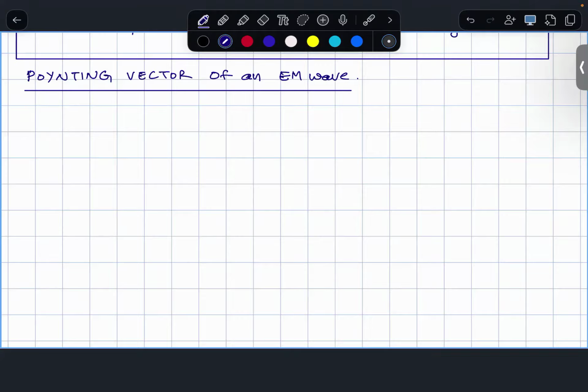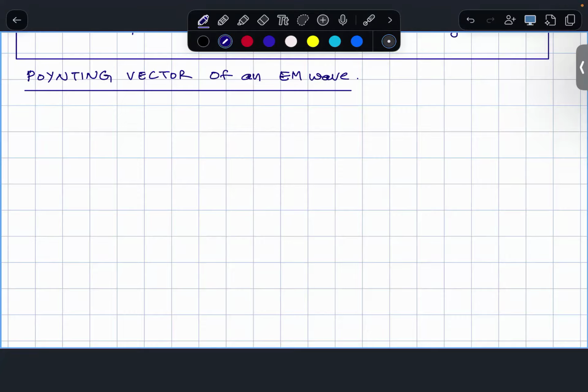Poynting vector of an electromagnetic wave. Okay? What exactly is Poynting vector? Nothing. I am not teaching anything new from intensity. Just what I am telling is, it is a vector quantity. It shows you the direction along which electromagnetic wave is propagating. It gives you the amount of energy propagating per unit time, per unit surface area.